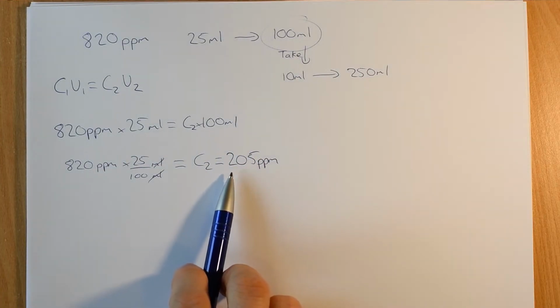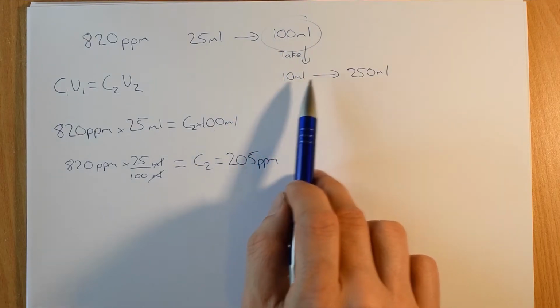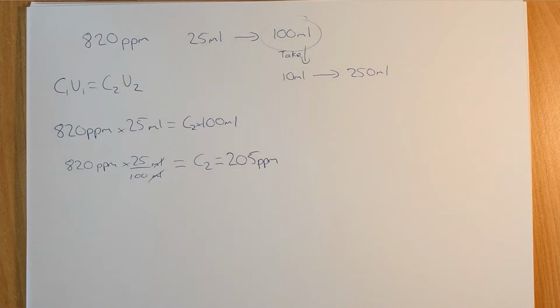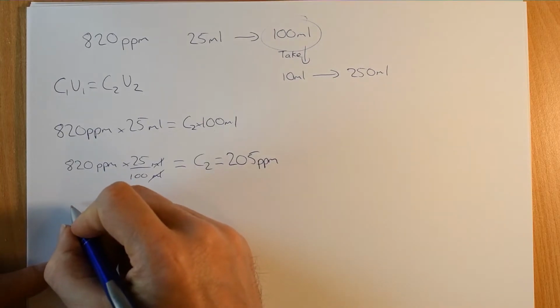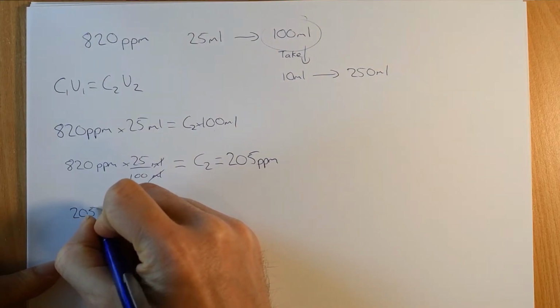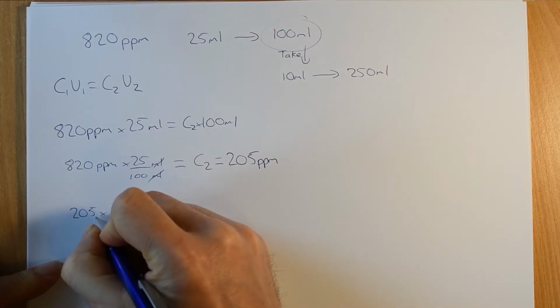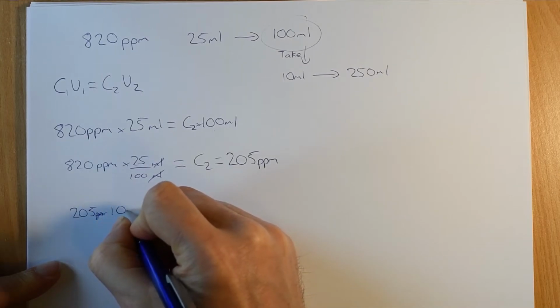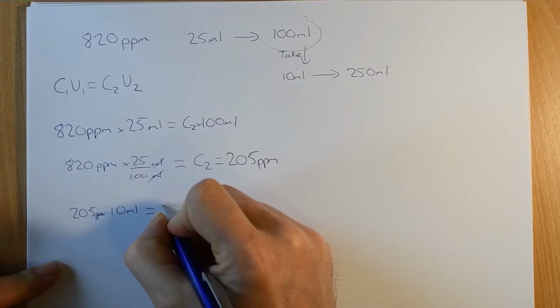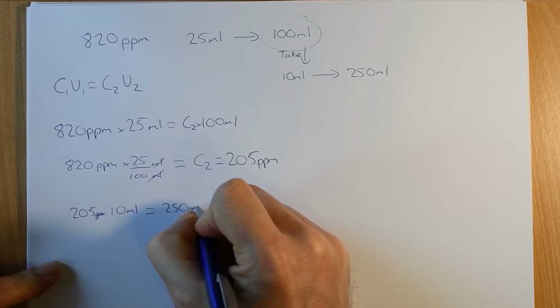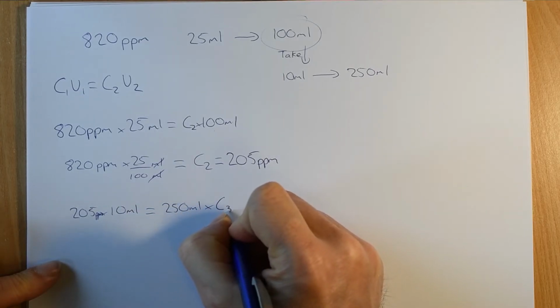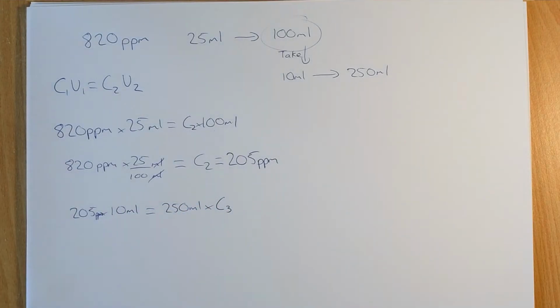And then we can just repeat that again. If we take 205 ppm, take 10 mil of that and make it up to 250 mil, what's our new concentration going to be? Well, 205 ppm multiplied by 10 mil is equal to 250 milliliters times the new concentration, which we're going to call C3.